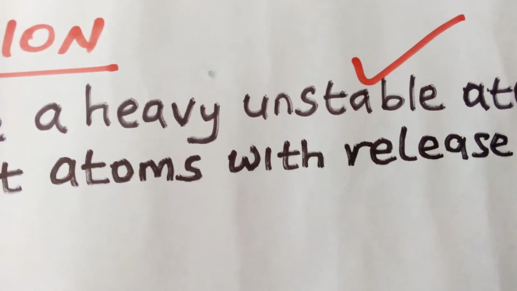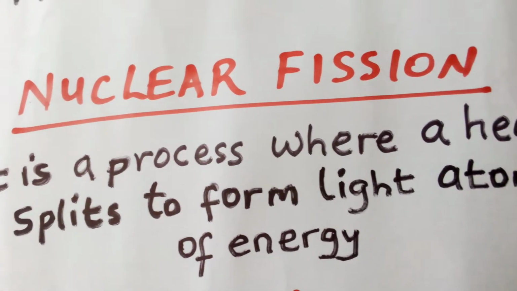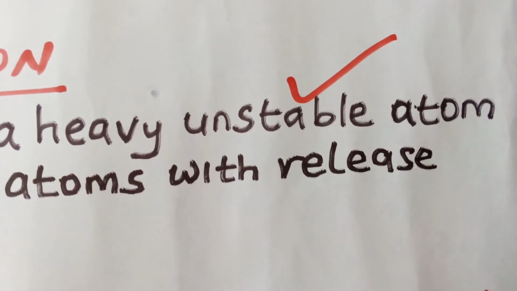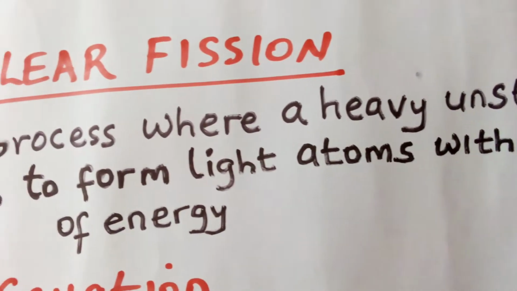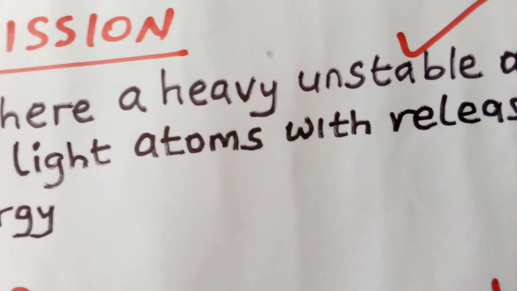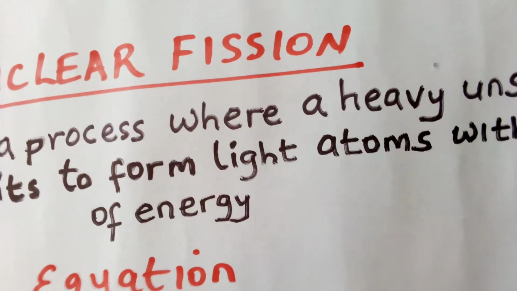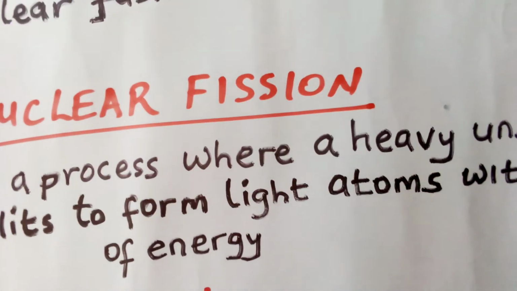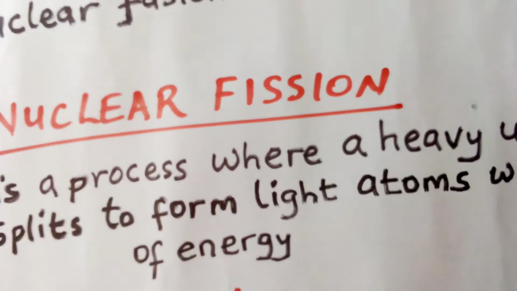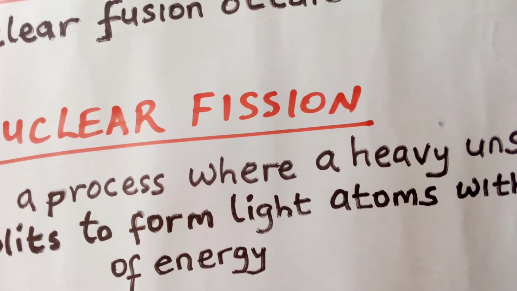So it is a process where a heavy unstable atom splits to form light atoms with the release of energy. Whereas in nuclear fusion, two light atoms join up to form a heavy atom, the heavy atom can again split to form light atoms.